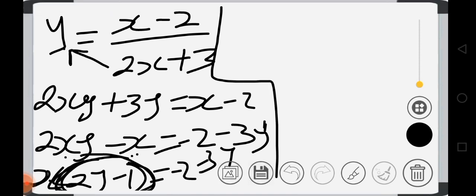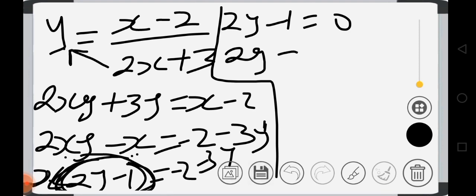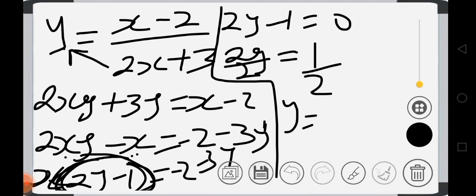So we have 2y minus 1 equals 0, so 2y equals 1. Dividing both sides by 2, y equals 1 over 2, or 0.5. So this is the asymptote parallel to the x-axis.